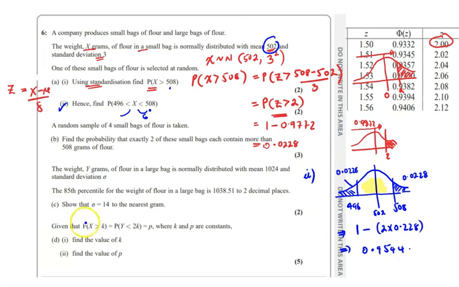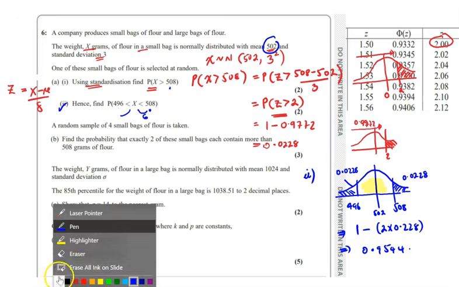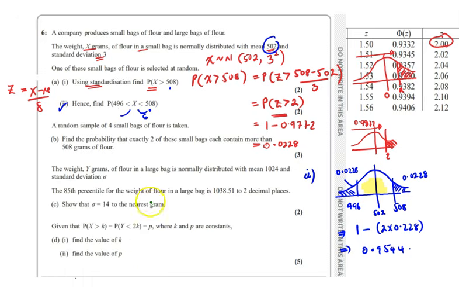We move on. Okay, for part B, I will leave these on, so I will do part B down here. Now for part B, they say that 4 random samples from the small bags are taken. Find the probability that exactly 2 of these bags contain more than 508 grams of flour.